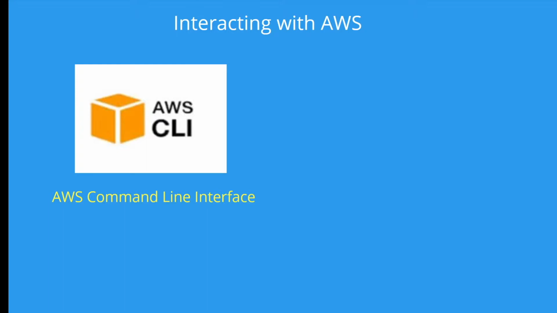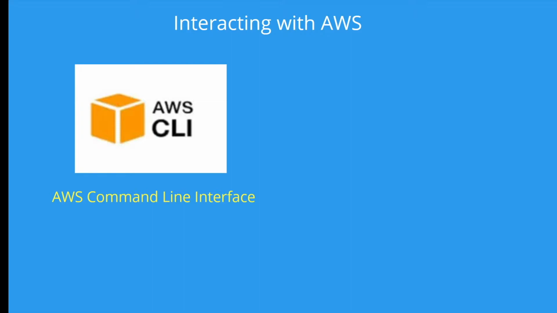So let's first discuss the Amazon command line interface. AWS CLI is a tool to manage AWS services from the command line. It supports Windows, Mac, and Linux. Most of the tasks that can be done in the console can be done with the command line interface.